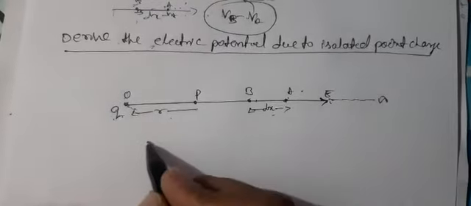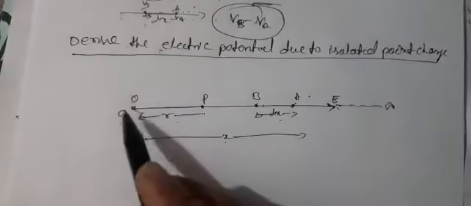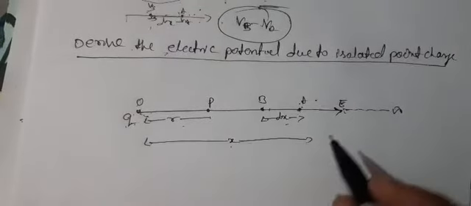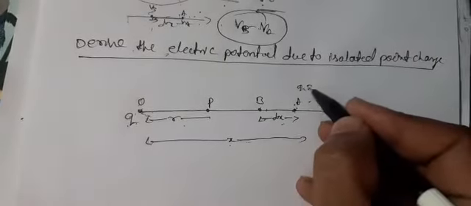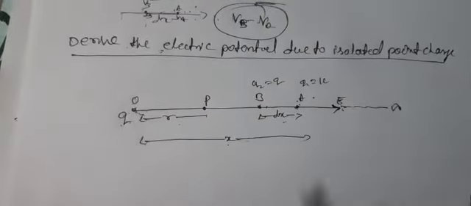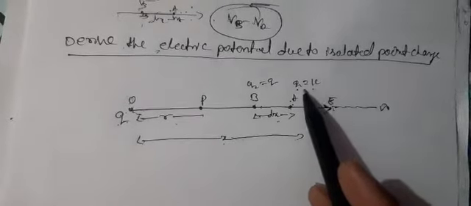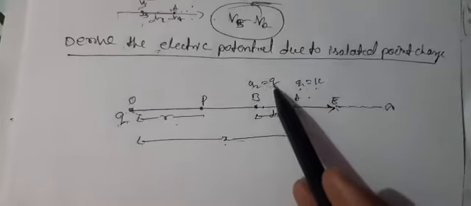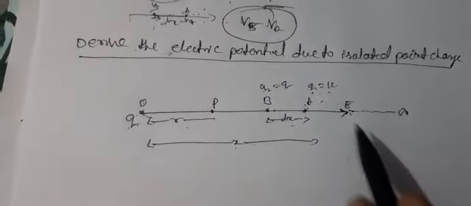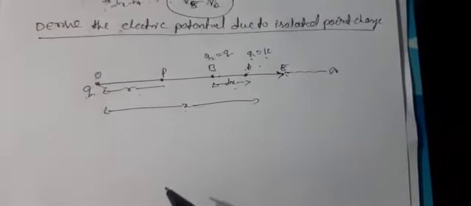Assume x is the distance between A and O. The charge Q1 is taken as 1 coulomb of charge, and Q2 is taken as Q. That is the diagram and explanation of electric potential due to a single point charge.